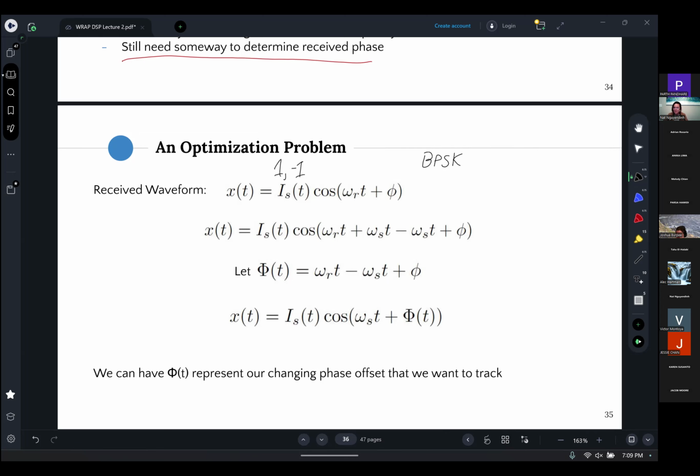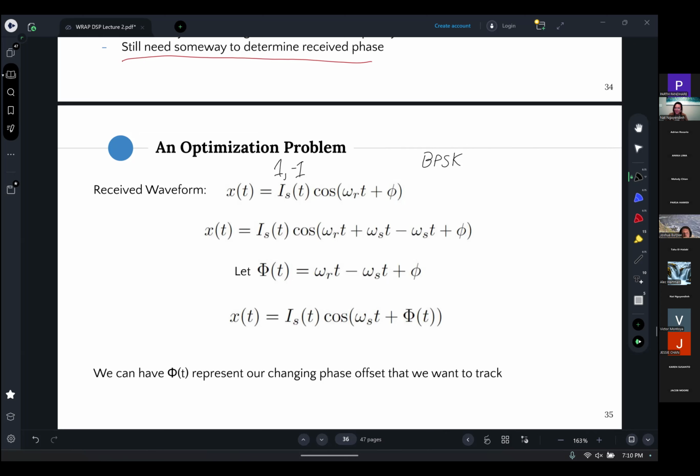This is going to be our carrier wave with some sort of phase offset. But instead of this being omega naught, our perfect 1 megahertz, it could be 101 megahertz. It could be 99 megahertz. We don't actually know, so we're calling that the received omega instead, omega r. Our job is to try and deal with the fact that we don't know this and we don't know this.